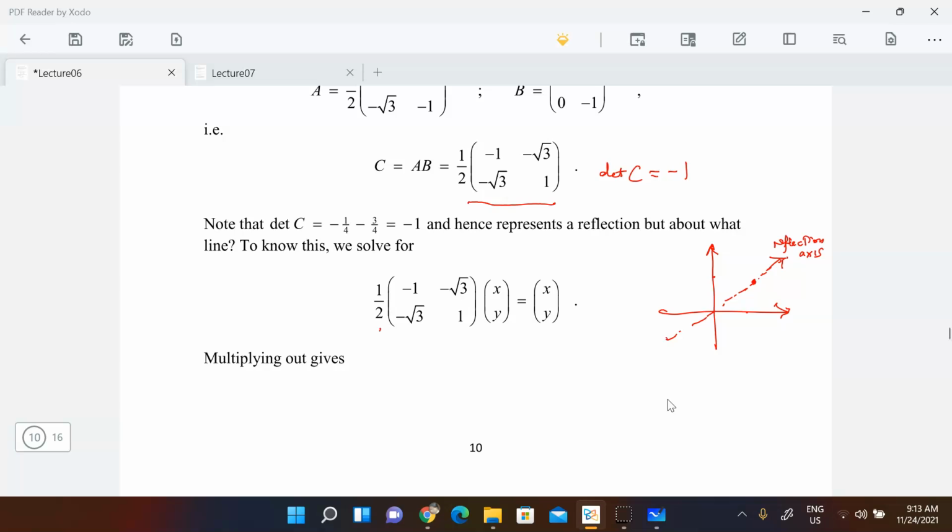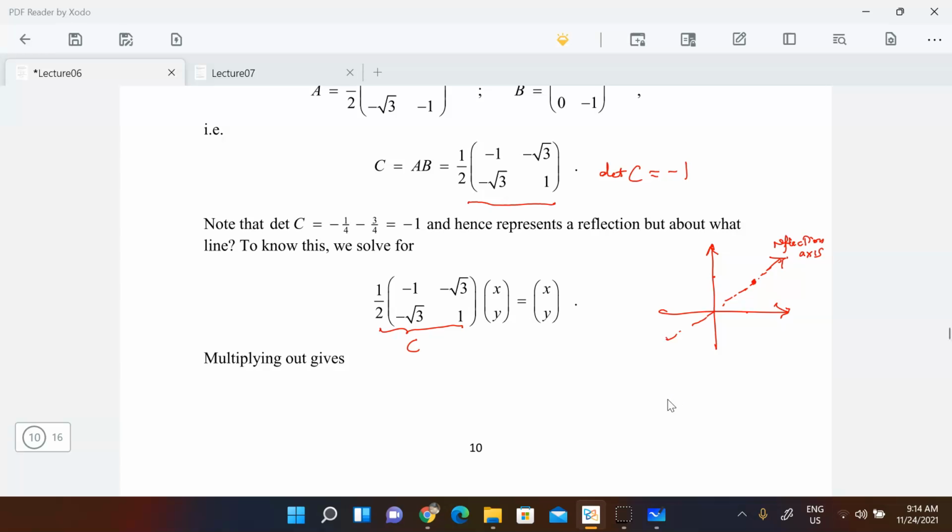Here is your matrix C, and it multiplies a position vector, which I assume to be a point on this particular line. So it's an arbitrary x and y, but it's supposed to give you the relationship of this line. And I would also have this equal to xy, because the reflection doesn't transform the point itself.